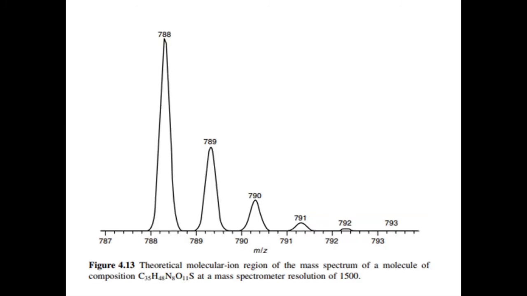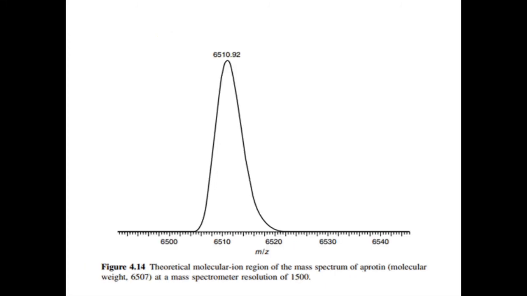If, however, we consider a protein of modest size, such as a protein with a molecular formula of carbon 284, hydrogen 432, nitrogen 84, oxygen 79 and sulfur 7, at a similar mass spectrometer resolution, the molecular ion region of its mass spectrum shown in figure 4.14 does not show the individual isotopic contribution.